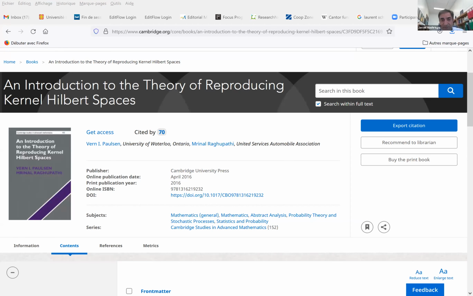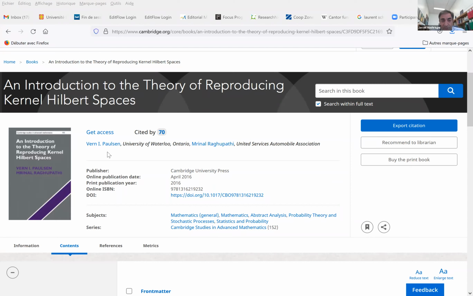For the reference, let me share this page. Do you see it? Yes. Okay. That's a book entitled An Introduction to the Theory of Reproducing Kernel Hilbert Spaces by Vern Paulsen, who is now at the University of Waterloo, and Mrinal Raghupathi at the United Services Automobile Association.